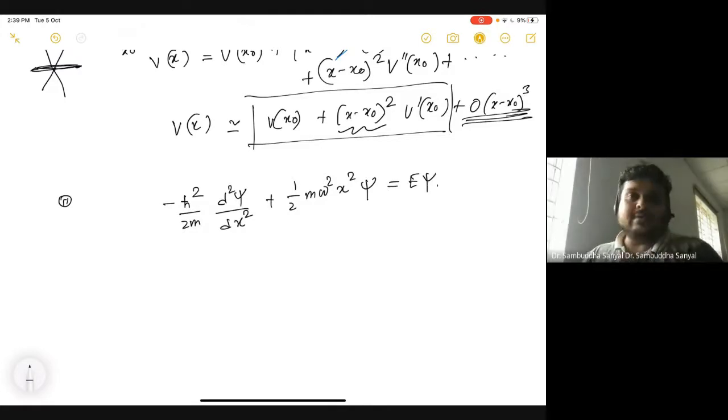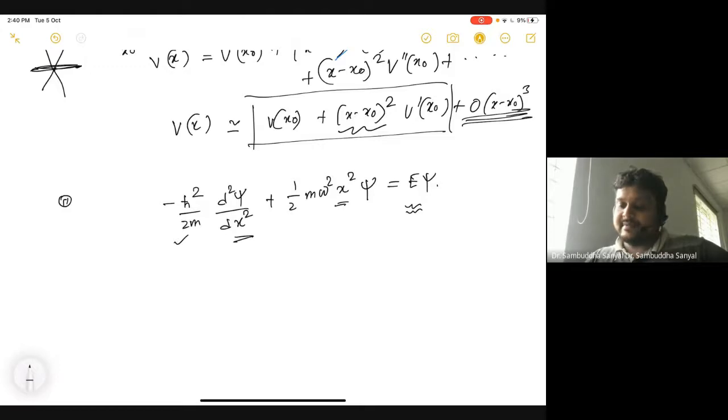Now I want to do a bit of cleaning up of this equation because it looks a bit messy. One thing you can see is that the left hand side is energy times psi, so the right hand side must also be energy times psi. But it is not easy to see that, because you have a natural constant divided by a mass, a derivative where the x square appears in the denominator, and here the x square appears in the numerator.